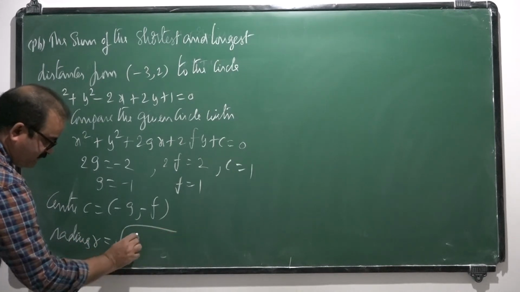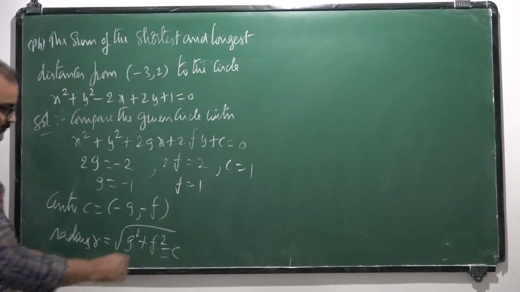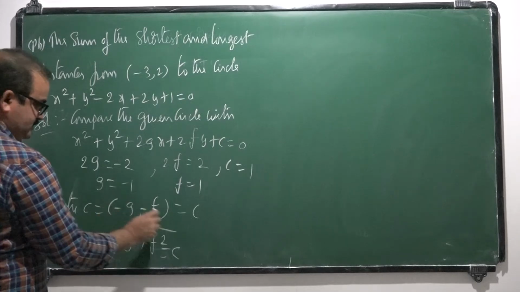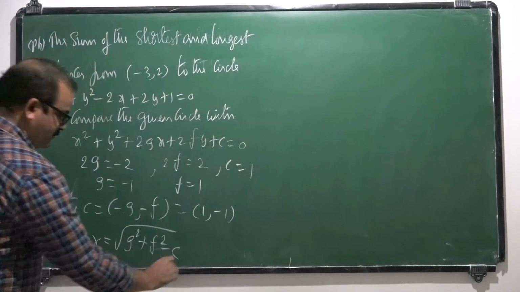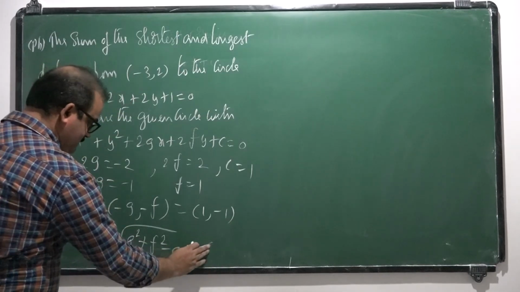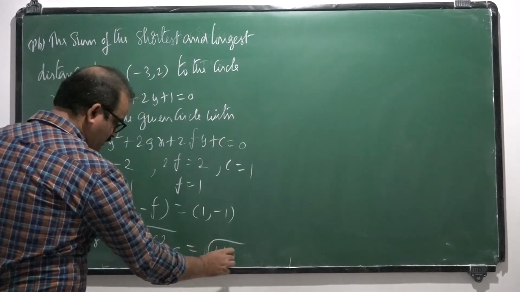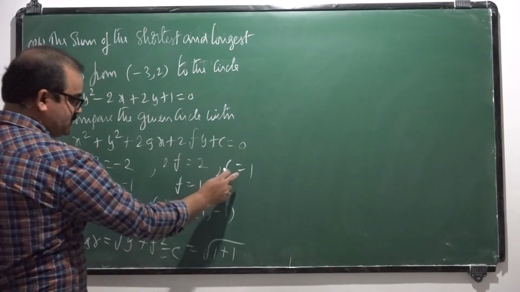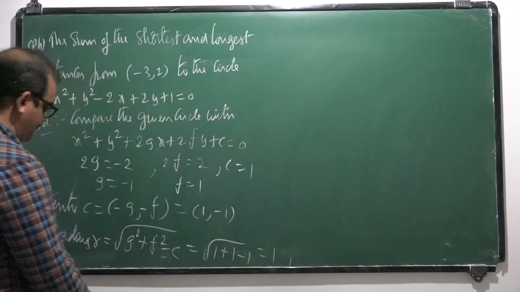Root of g² + f² - c. So the center is (-g, -f), that is (1, -1). The radius is root of (-1)² = 1, plus f² = 1, minus c. What is the c value? 1. 1 cancels. Root 1, that is 1.